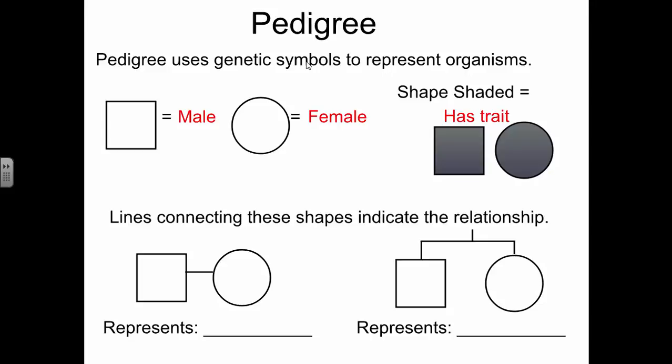And the way we connect the shapes tells us about the relationship between the individuals. So when we connect individuals in this way, what do you think that means? Brother and sister. Like someone had a baby. No? They're different.